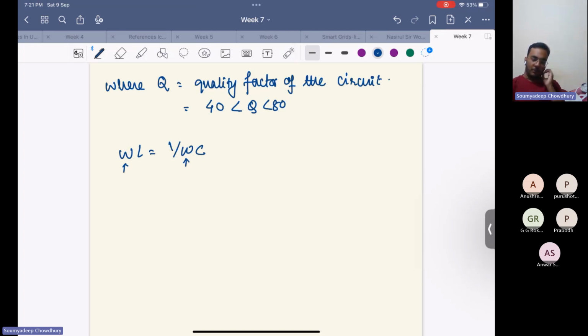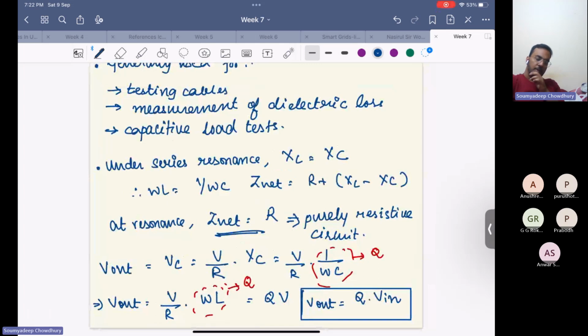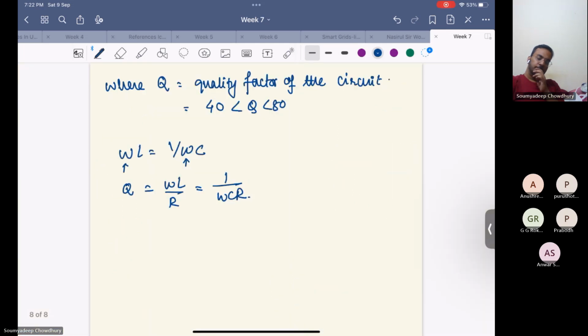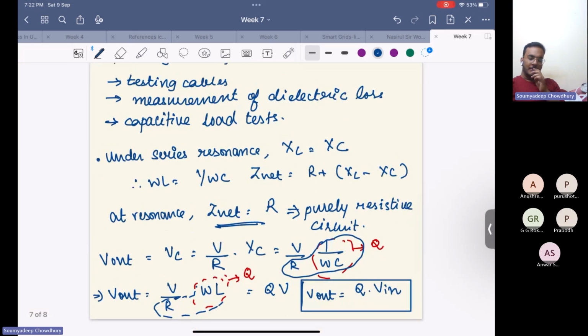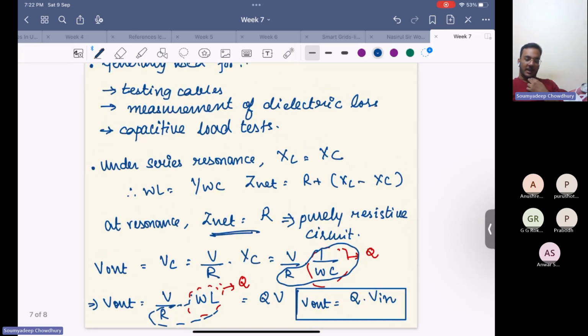So by adjusting omega L, we can fulfill this condition, and also we can vary the Q, which is omega L by R or 1 by omega CR. Sorry, here I had made a mistake. This is basically omega, and this is basically Q. Is it fine? Q is basically omega L by R or 1 by omega CR.